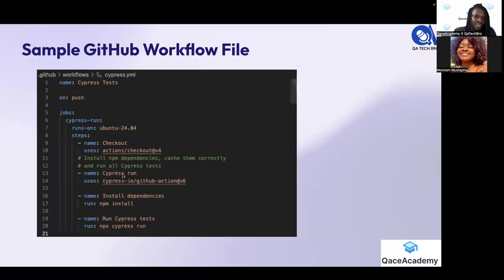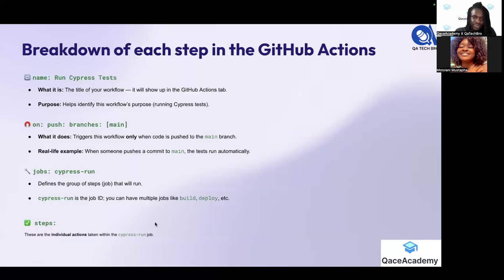The next one is the Cypress run. Another step is to install dependencies. Another step is to run the test itself. Now, I'll break down each step just to quickly explain. I've explained the name, the trigger, which is the push, the job, this is where the test runs, and also the different steps that we have in the YAML file.